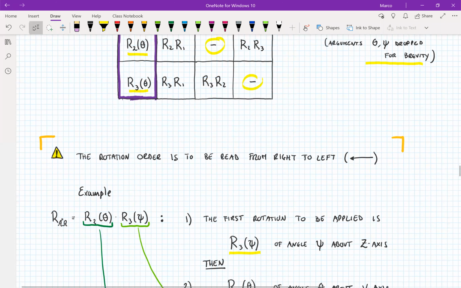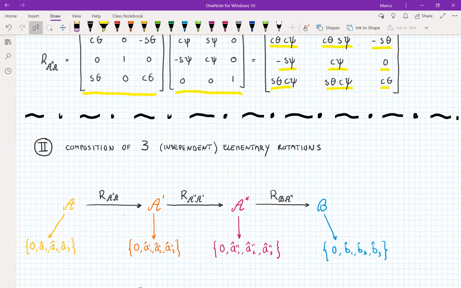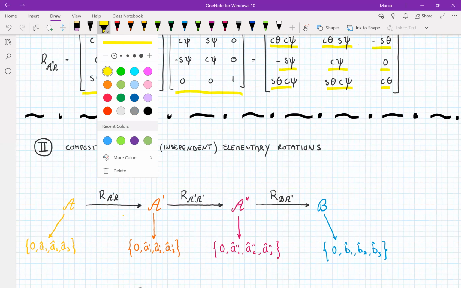Of course, the next step would be to consider a composition of 3 independent elementary rotations. So we're just adding one extra rotation. So the first 2 steps are logically the same.